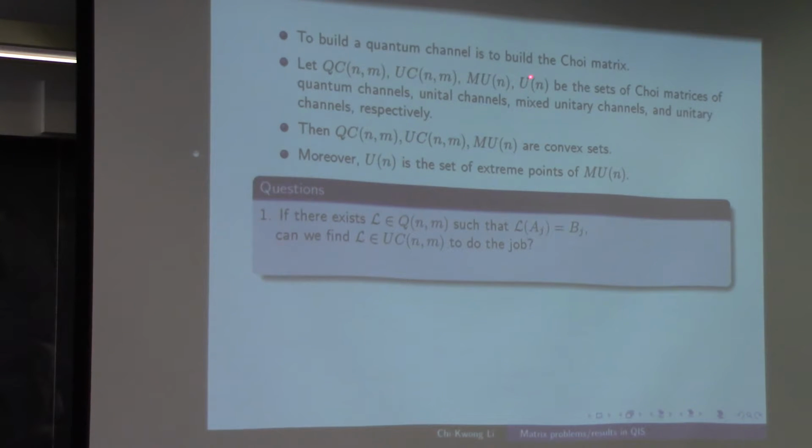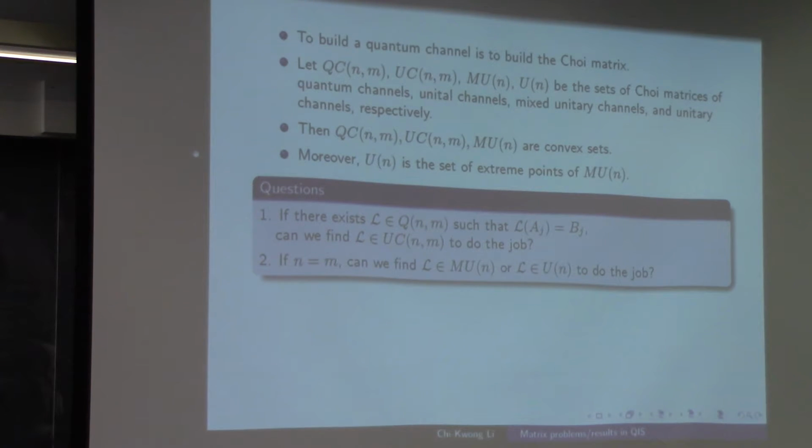In optimization, if you have a convex set, and you want to find something in the convex set or approximate it by something in the convex set, it is much, much better than a generic situation, right? And a unitary channel, UAU star kinds of map, is not so nice, but it is actually the set of extreme points of this set. So there is also some geometrical meaning. So in this study, this matrix analysis result or property could be useful, okay?